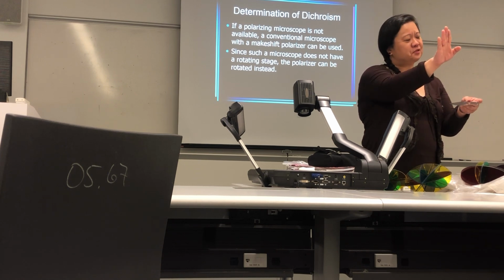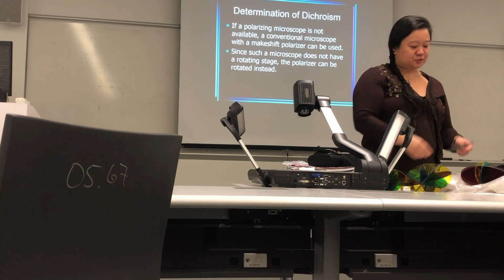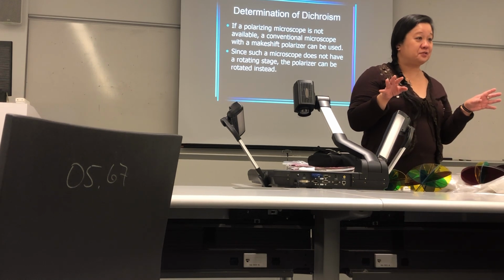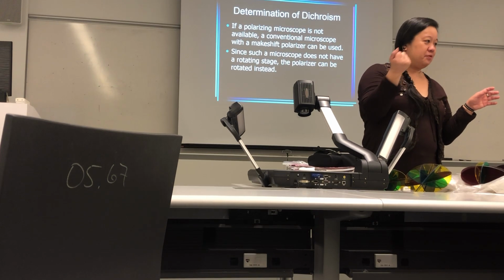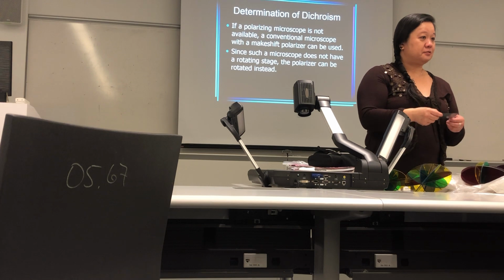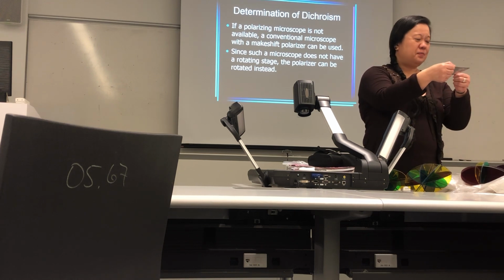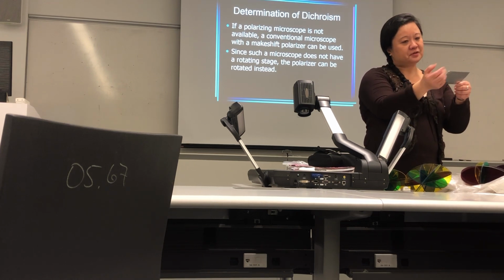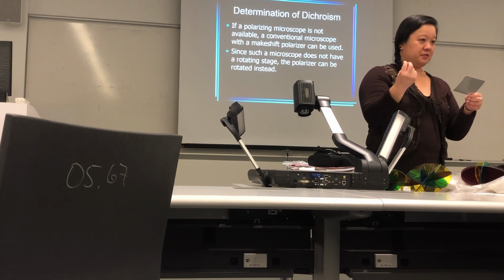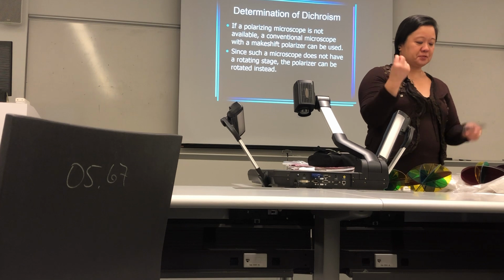But you guys will be using a polarized light microscope. Unless you come into the lab and it's busy and all the PLMs are being used and you're like, damn it, just get one of the compound microscopes that you use for microchemical crystal tests, and you can do that. But when it comes to measuring the optical properties of that clear acrylic fiber that you found, you will need to use one of the polarizing light microscopes.